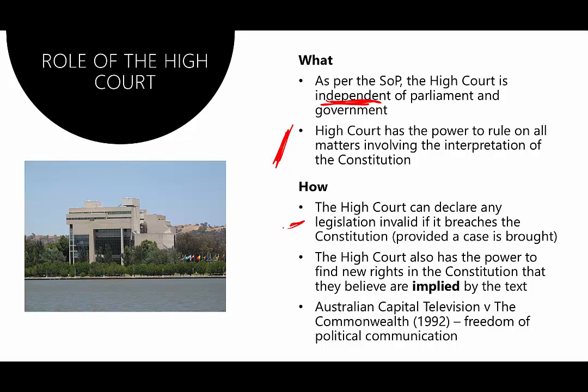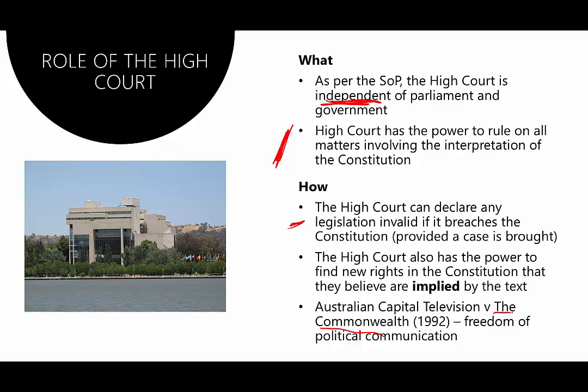And more or less, really simply, what the Commonwealth had done was they had passed a law that restricted political advertising. So in the lead up to an election, you get all those ads, such and such did this and he said that, and at the end it's like authorised by the Liberal Party Canberra or authorised by the Labor Party Canberra.